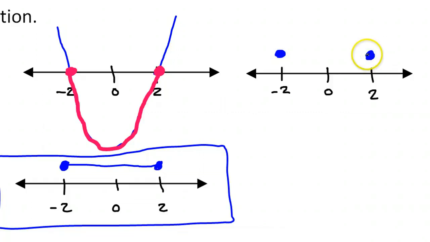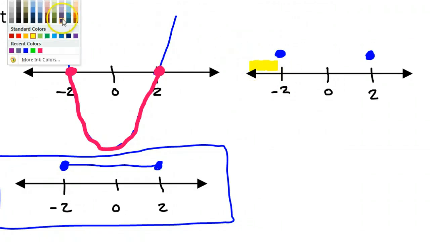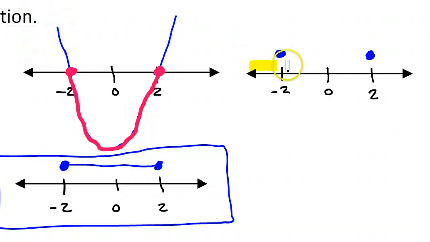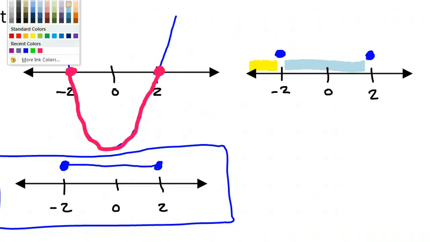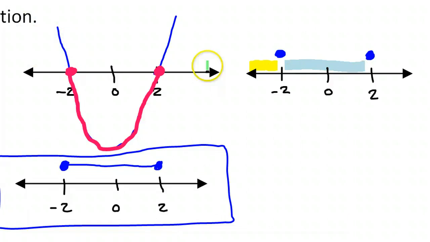But with those zeros, we now realize that we have just divided the number line into 3 zones. We have our yellow zone over here to the left, we have a blue zone here in the middle, and then we have a say green zone to the right. So we have these 3 zones.